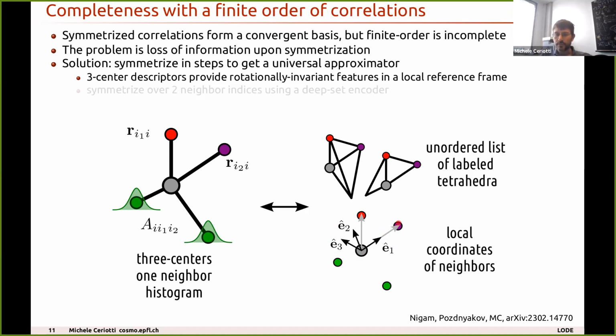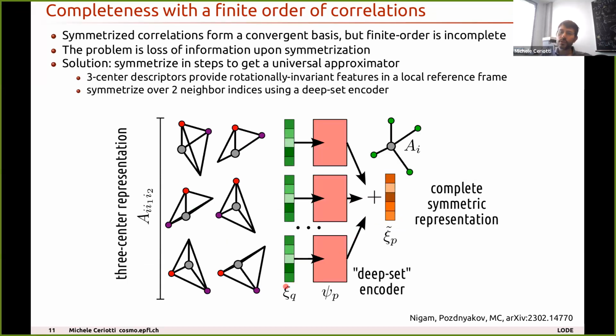two neighbors. So one possible solution for this problem is to consider the whole ensemble of coordinate systems, and apply a nonlinear transformation in this space that is still equivariant with respect to the label of these neighboring atoms. It is simple to actually build descriptors that are complete at this level.